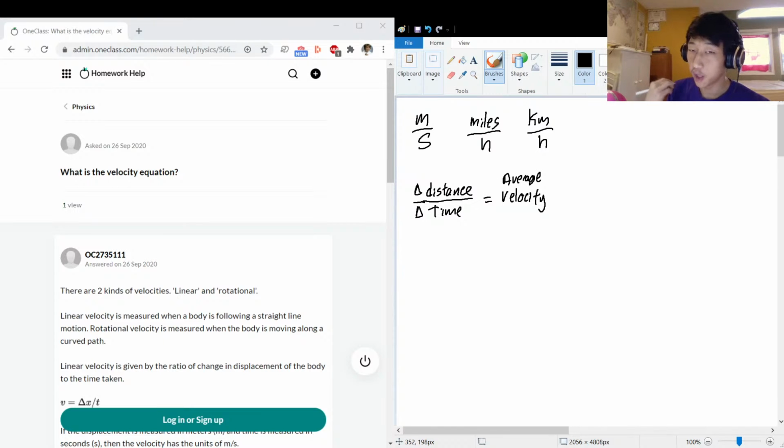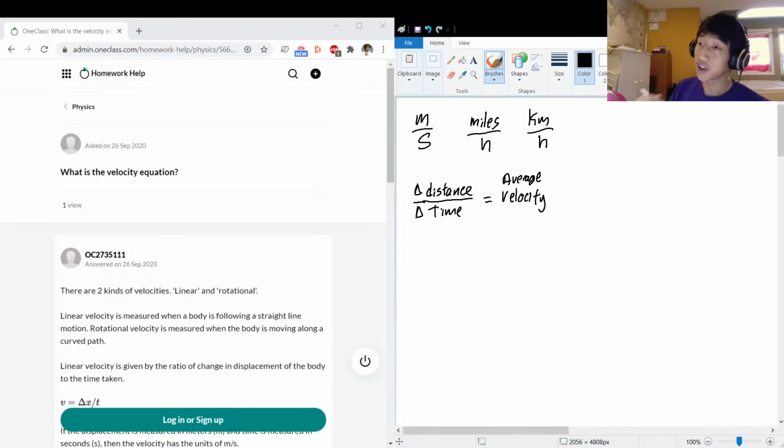And if you want to get a little bit deeper into it, if you're more mathematically inclined and you know calculus, you would want to do instantaneous velocity. If you're driving down the street, you're not necessarily going to be going at the same speed all the time, right? You've got stop signs, traffic lights. You're not going to start at 100 kilometers per hour as soon as you start your car. Your velocity is going to change.